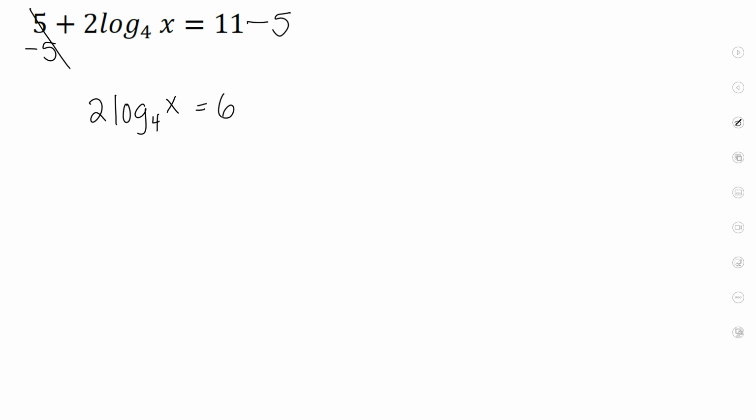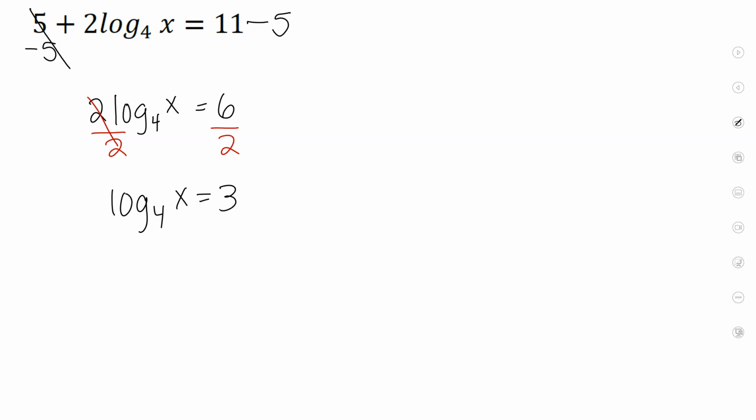Now we need to get rid of that 2. These are being multiplied together, okay? There's no symbol in the middle. When they're right next to each other, they're being multiplied. That means I need to divide by 2. That would be the opposite of multiplication. Okay, so now I'm left with log base 4 of x equals 6 divided by 2 is 3.